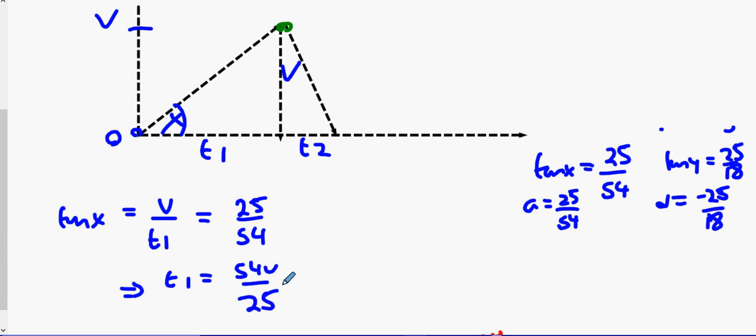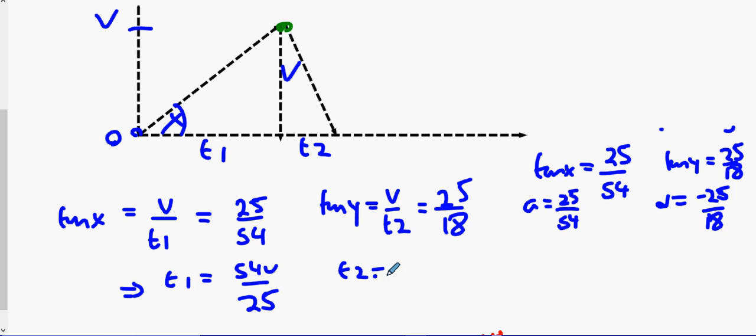Now likewise, tan y is V over T2, which is 25 over 18. We're talking about magnitude, and remember, time has to be positive at the end of the day. So T2 is 18V over 25, and that's exactly what we thought, that T1 is 3 times as long as T2, which is perfect.